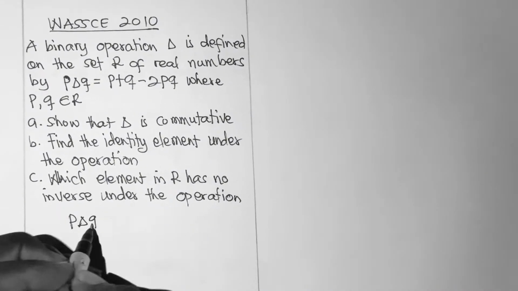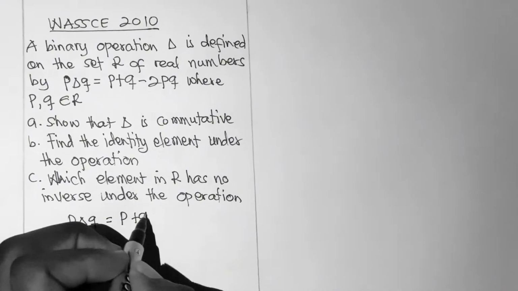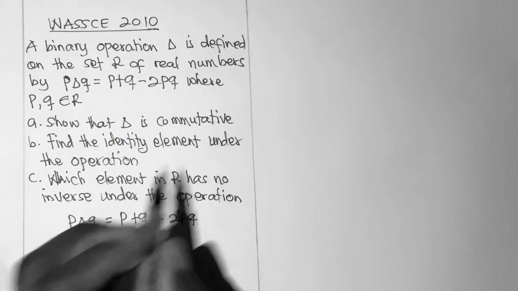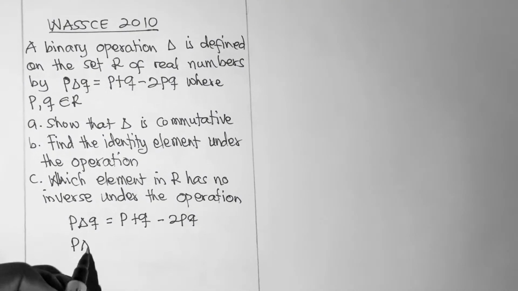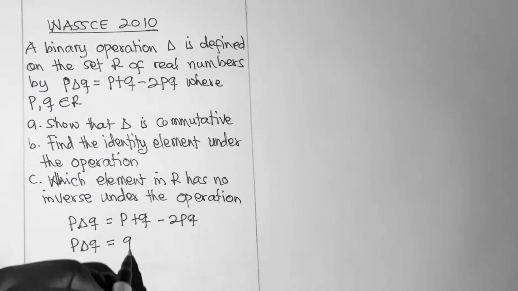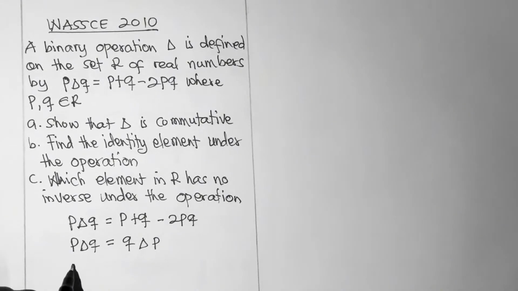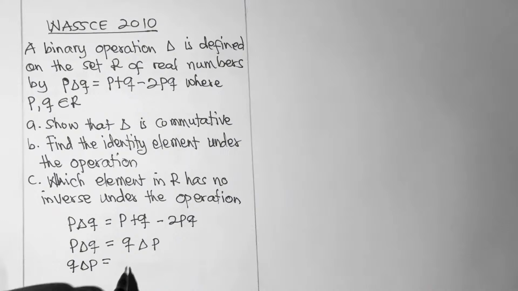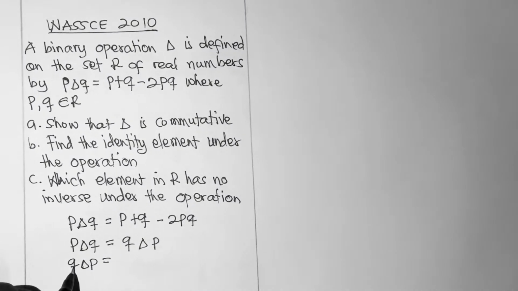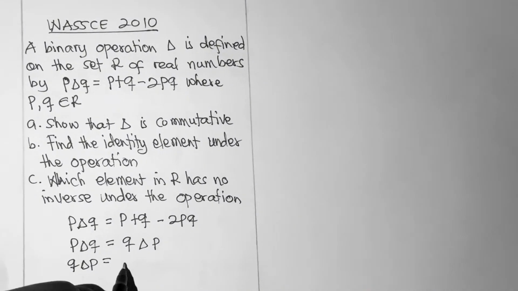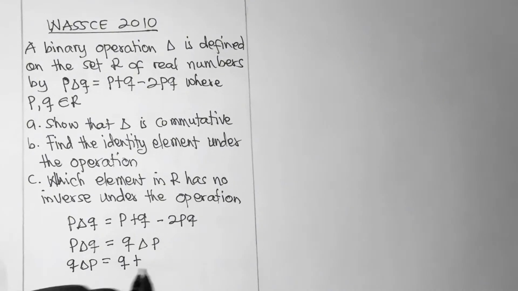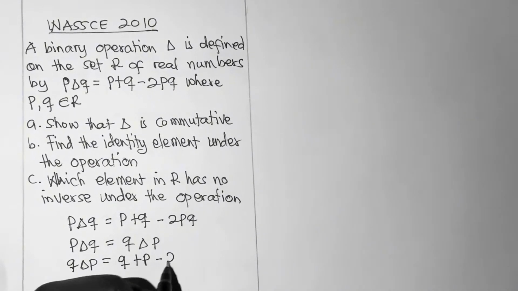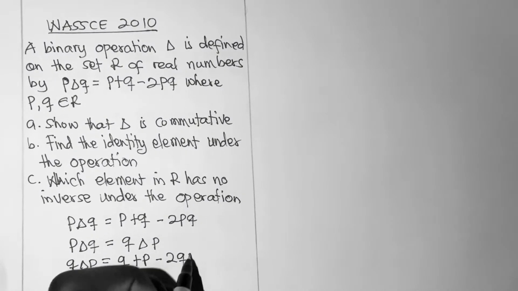So P operation Q is equal to P plus Q, then minus 2PQ. To be able to show that it is commutative, P operation Q must be equal to Q operation P. So let's find Q operation P. This will be equal to, wherever we see P, replace Q, and wherever you see Q, replace P. So here becomes Q plus P minus 2QP.